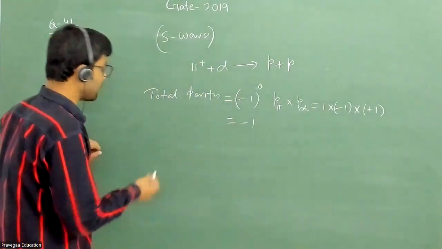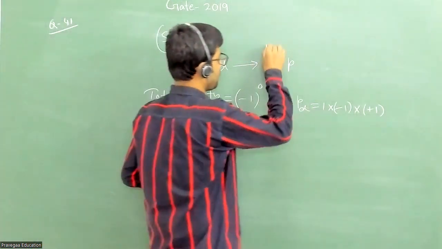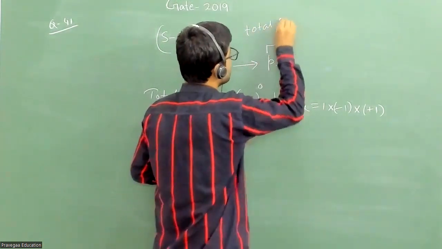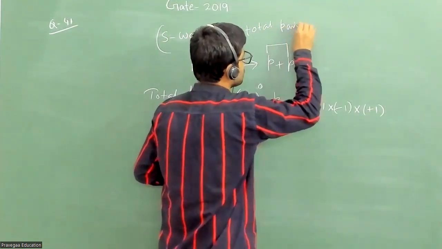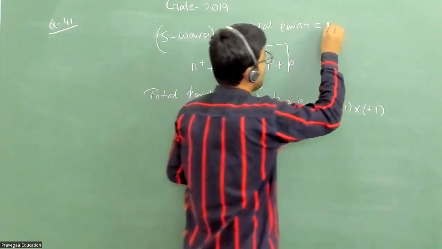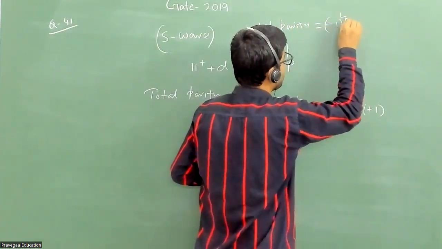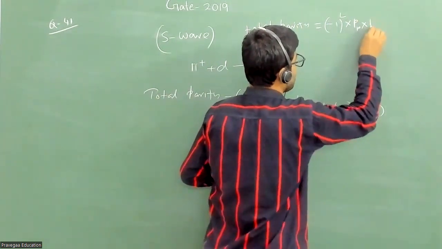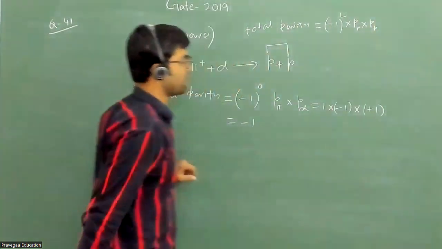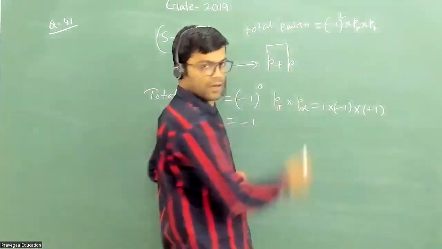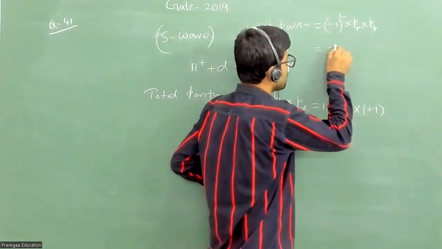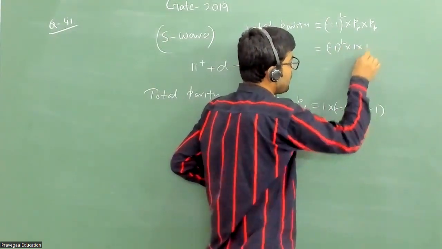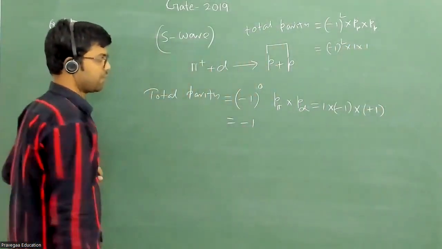Now, if you calculate the total parity of the products, of course you will have some orbital part, that will be (-1)^L. Then the intrinsic parity of the proton. You have 2 protons, so you have to take the intrinsic parity of both. They are basically fermions, and a fermion has even intrinsic parity.